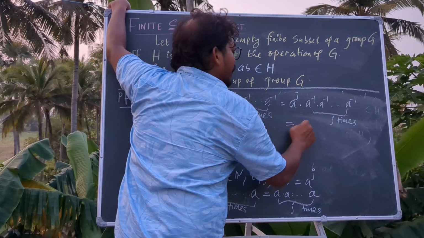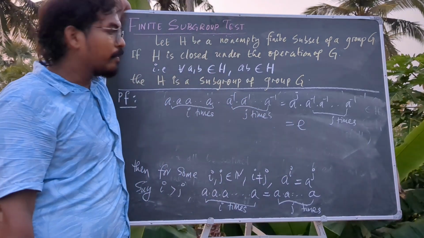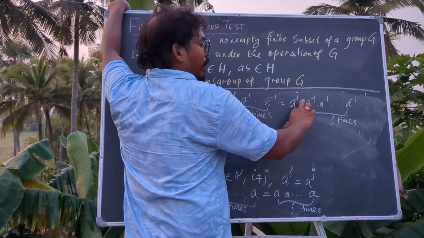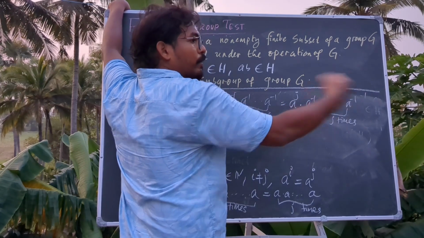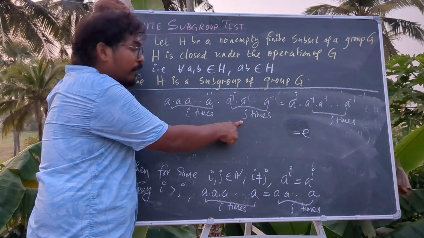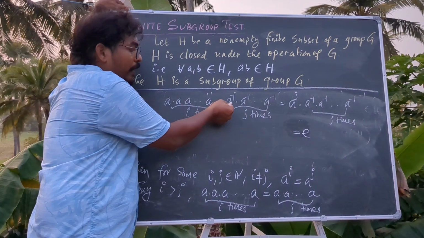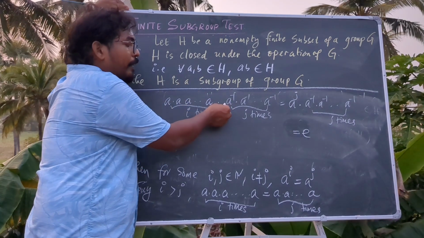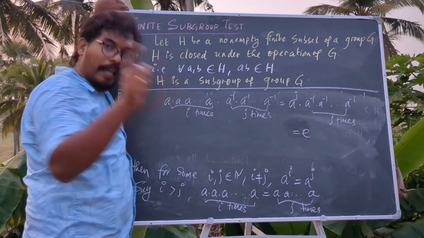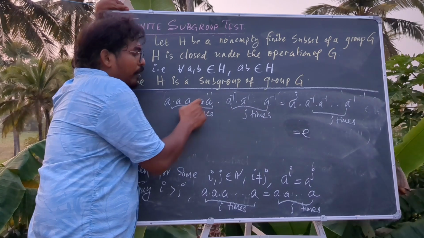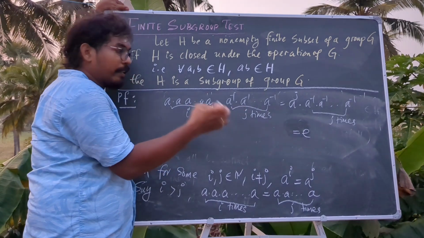So I will get identity on the right side, because by associativity, a and a inverse will operate with themselves to give identity. Identity with a inverse is a inverse, and we have also a here, and this a with a inverse will give identity.